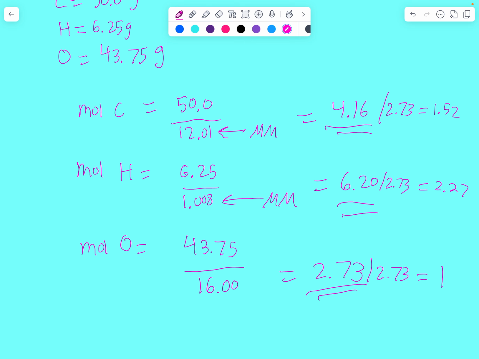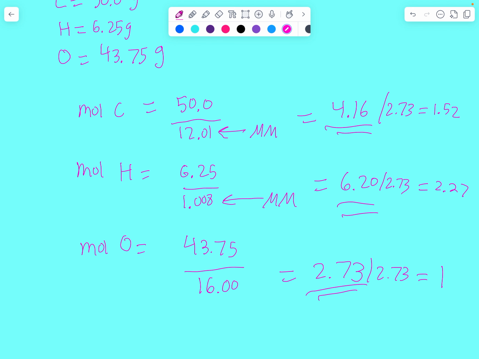So now we fix the decimals. So I'm looking at this, and this is what I have. It's a little rough, right? I got like 1.5, and I got like 2.27, and I got a 1. Okay? So let me think about this.